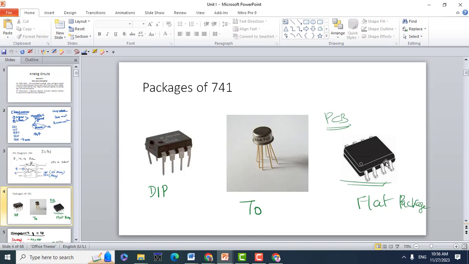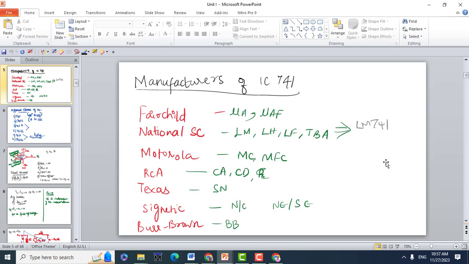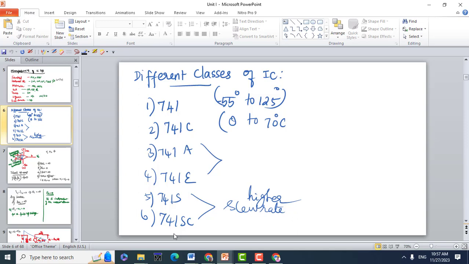Okay, right. So coming to the manufacturers, as we have already discussed, we have Fairchild, National Semiconductor. Similarly, you have Motorola, RCA, Texas, Signetics, Burr-Brown, like that. You have many other manufacturers who are manufacturing this IC 741 or, in general, operational amplifiers. So what are the different classes of IC?